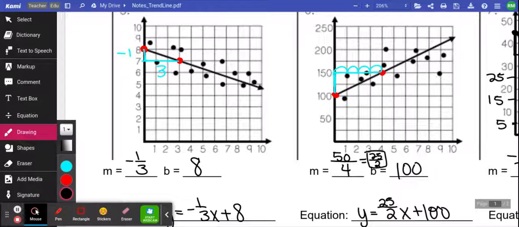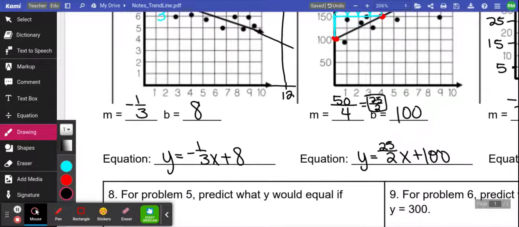So if x was 12, what is my y going to be on this trend line? Imagine this trend line coming down here to 12. What would my y value be when x is 12? Clearly my graph isn't perfect, so there's a better way that we can predict it, and we're going to predict it using the equation.